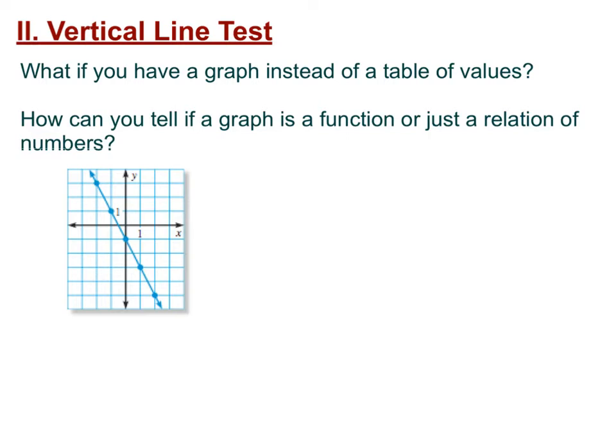So if you have the graph, like I have here below, instead of a table of values, how can you tell if it's a function or a relation? Well, think about all the coordinates that we have there. If I were to label my different points, I would have (-2, 3), (-1, 1), (0, -1), (1, -3), and (2, -5).